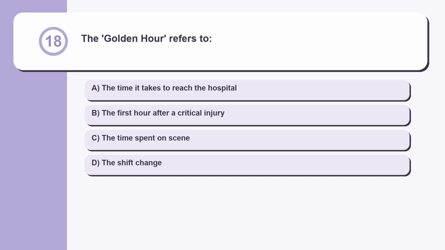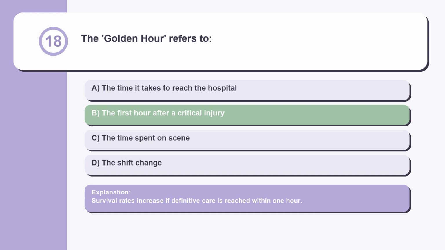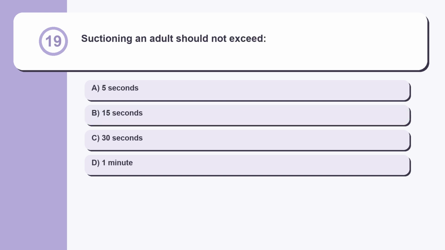Question 18. The golden hour refers to: the time it takes to reach the hospital, the first hour after a critical injury, the time spent on scene, the shift change. Survival rates increase if definitive care is reached within 1 hour. Question 19.